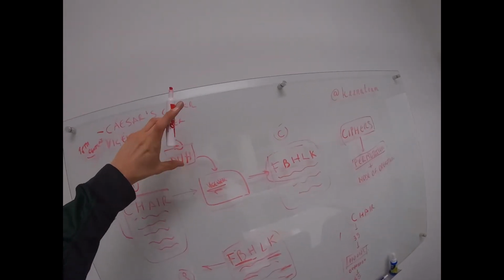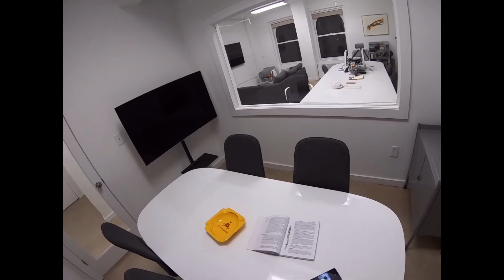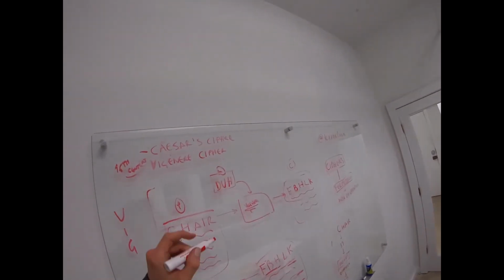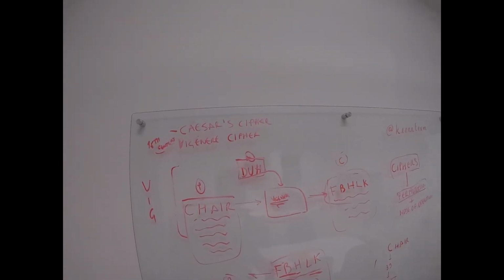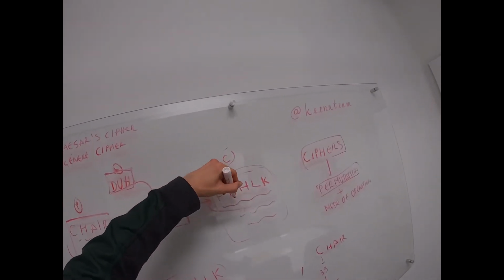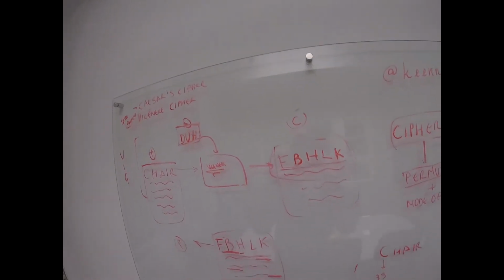So permutation is dependent on the key. This is the fundamental thing: the key determines the permutation, okay? So in this case, this key determines how these letters are flipped. And according to this permutation, we're always going to have this result if we encrypt this with this key.